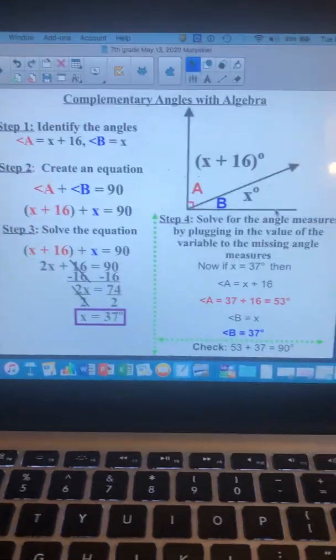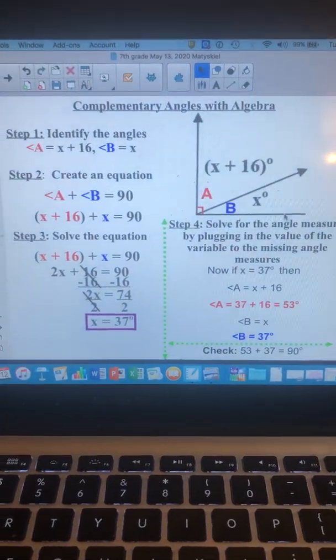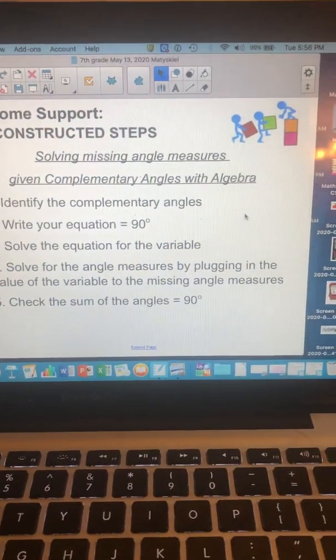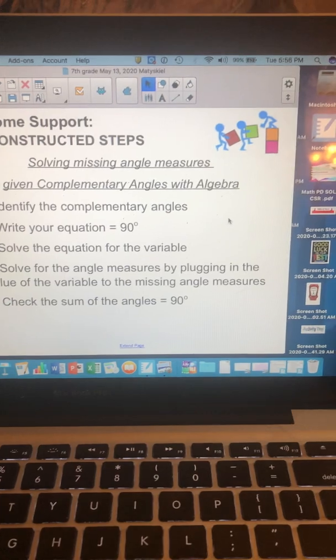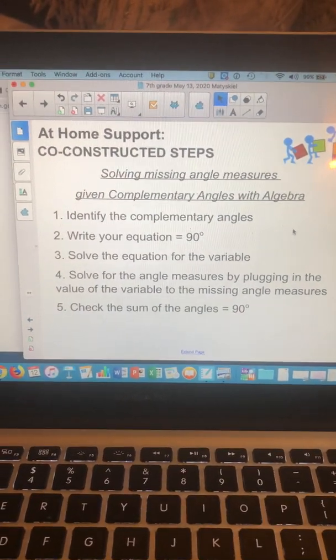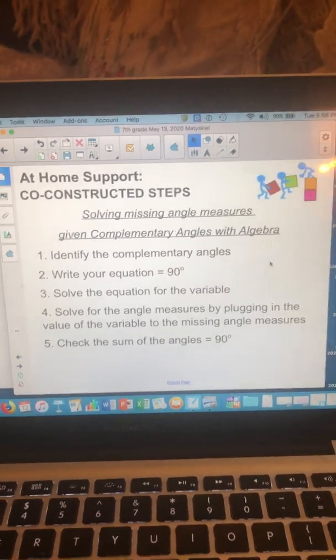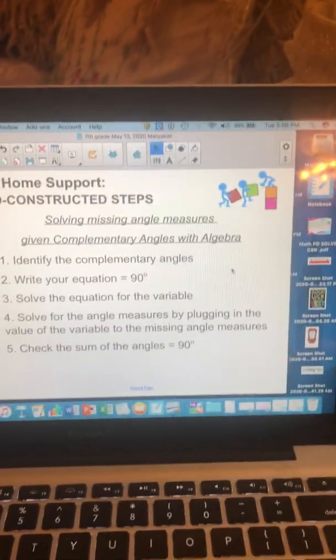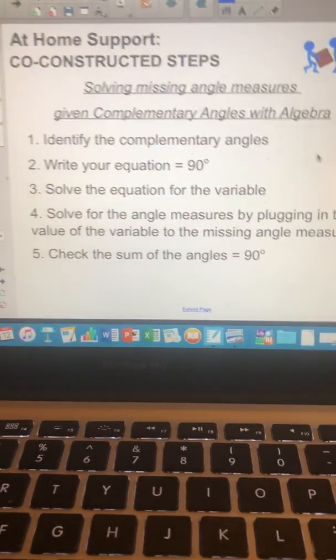Okay? Everything that I just went through is in the lesson as well. I just kind of broke it down for you. The following slide has your steps, exactly what I took you through: identifying the variables, like putting those letters in, because sometimes the letters are not provided. I think it's just easier to know where you're looking. Writing the equation.